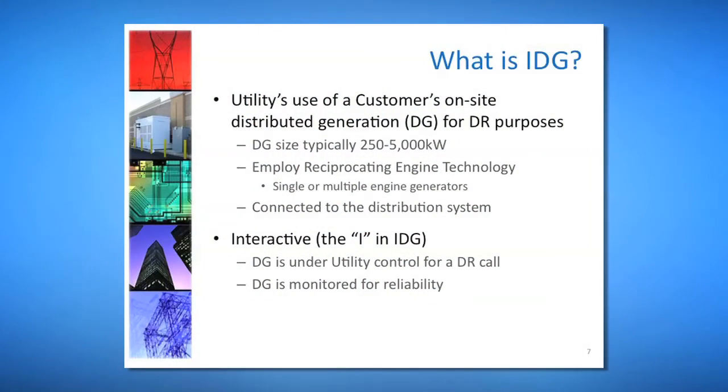Distribution lines don't typically go higher than 10 or 15 megawatt. You're not going to have a 50 megawatt cogen plant in a chemical factory or some large facility that's hooked up to a 13 kV line. You're just not going to get that much across the line. So the I does two things for us. It lets us turn it on and off remotely, lets us monitor it, and with that turning on and off remotely, even lets us test it remotely, which is a neat thing to do for reliability.